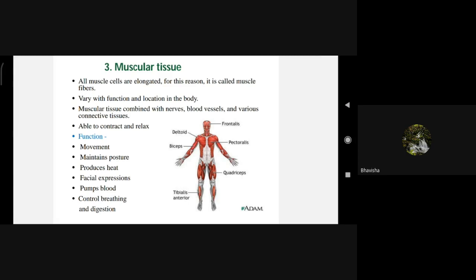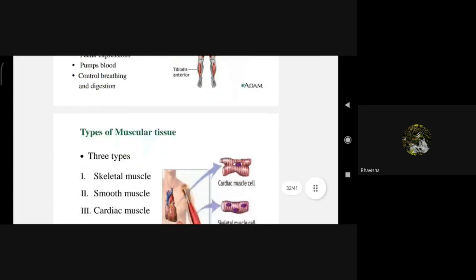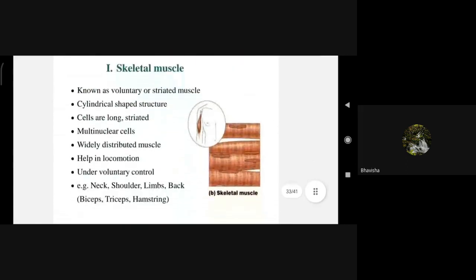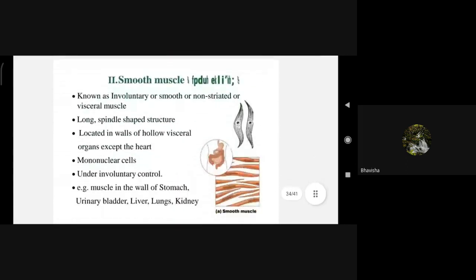If we go for the muscle cells, each muscle cell is generally elongated and spindle shaped. Spindle shaped means the two ends of the muscle cell are a bit narrower and the middle of the muscle cell is thicker. You can see if I put the structure, here it is.